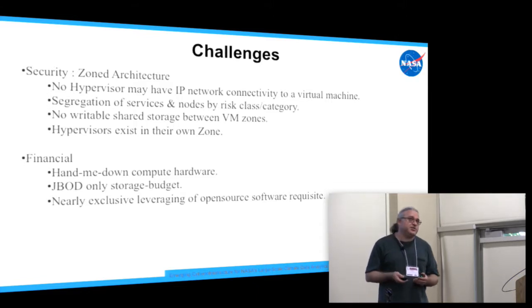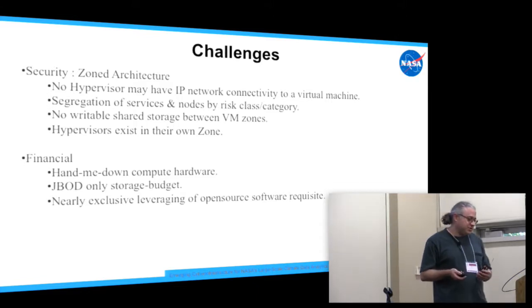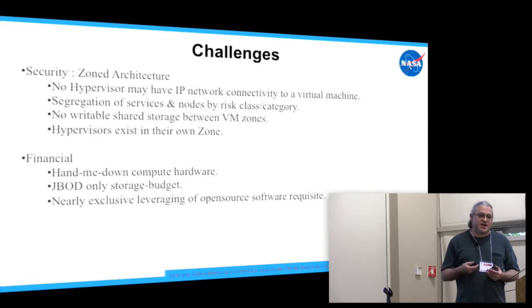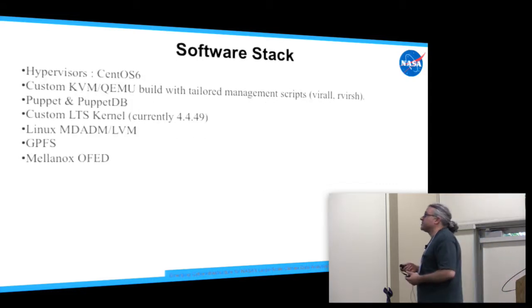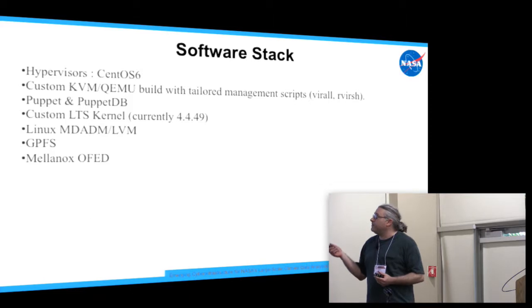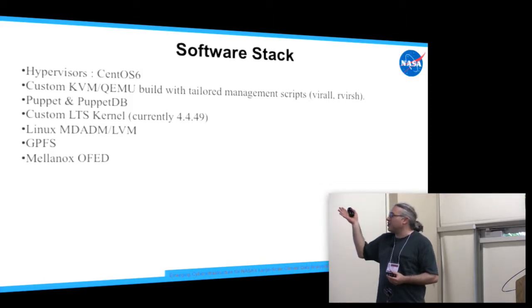We tried to initially start with Gluster, which was promising for some time, but unfortunately as we scaled the environment, that no longer seemed to fit our needs. So we went with a software stack that, as you can see, is pretty dang open source.